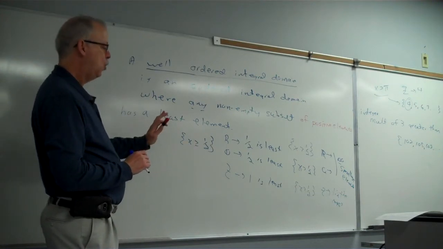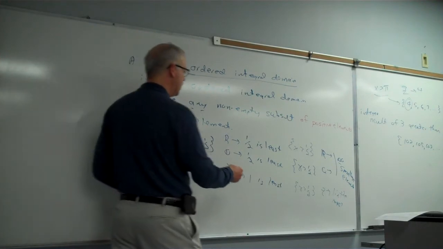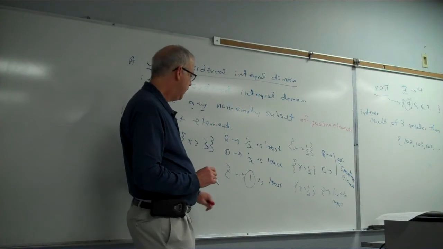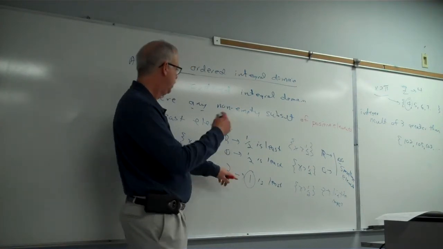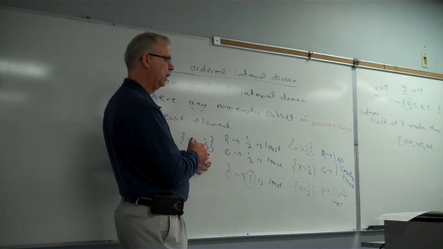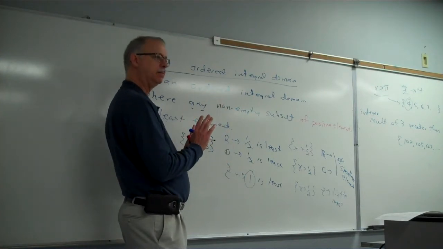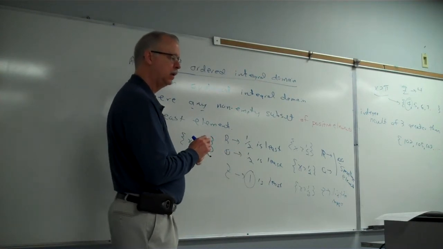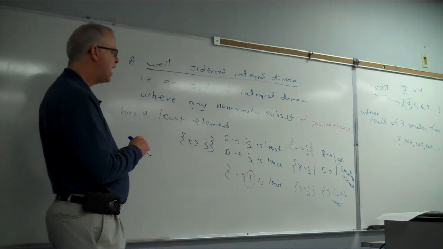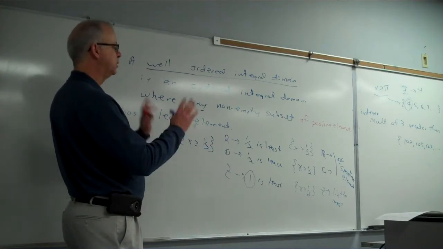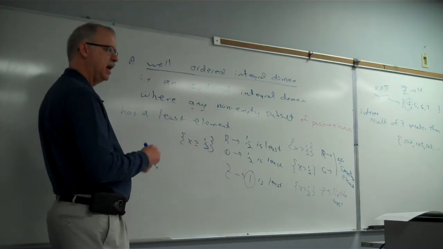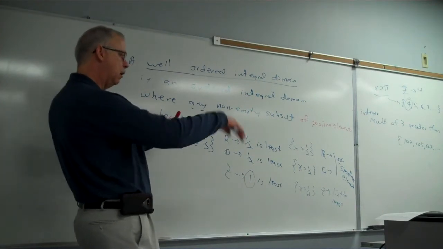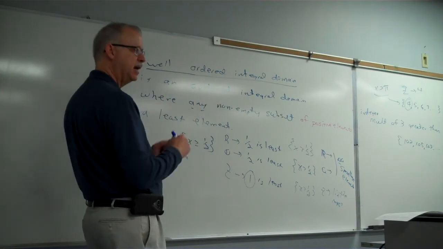And notice in this case, 1 not only has the special characteristic that it's the smallest integer in lots of sets, and we can't get any positive integer smaller than 1, 1 is also the multiplicative identity. And it turns out if we've got a well-ordered integral domain, whatever the multiplicative identity is, that's what's going to have to be the smallest element. There's no way to kind of squeeze anything between 0 and your multiplicative identity.